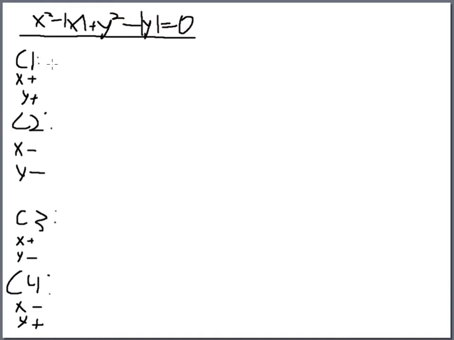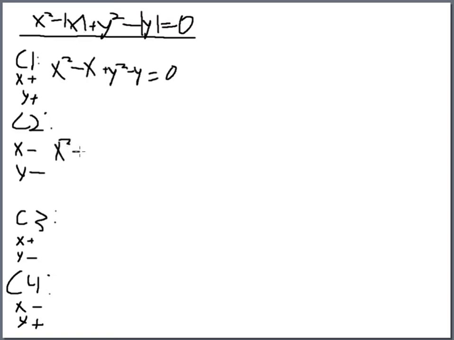Now moving on to here, we have the first case. We have x squared minus x plus y squared minus y is equal to 0. The reason is that the absolute value of a positive number is just itself, so it cancels out the absolute value sign.